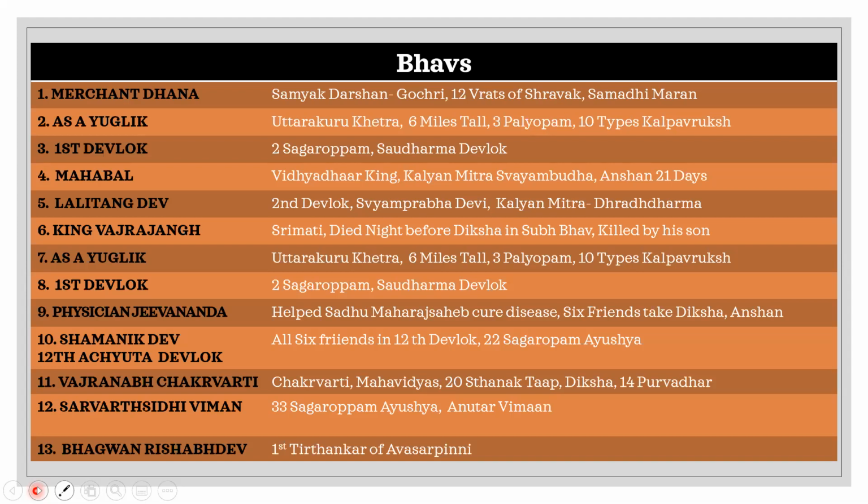First, before Indra Maharaja comes for the Snatra Motsav, the 56 Dikumaris come and complete the Stuti Karma. Then after that, in the Devlok, there is a loud sound of bells, like the sound of musical instruments at the time of a wedding. And at the same time, the throne of Indra Maharaja, Swadharma Indra in the first Devlok, is shaken.